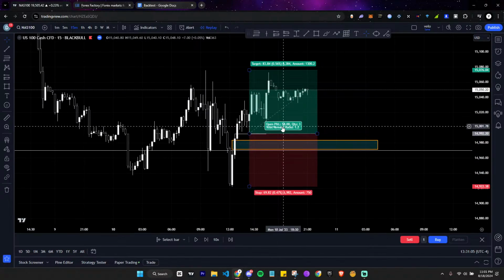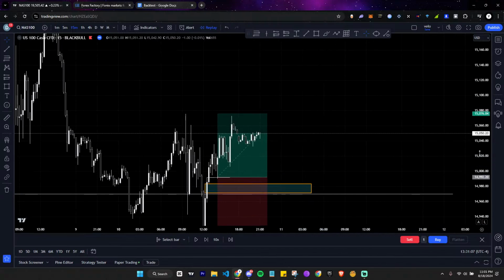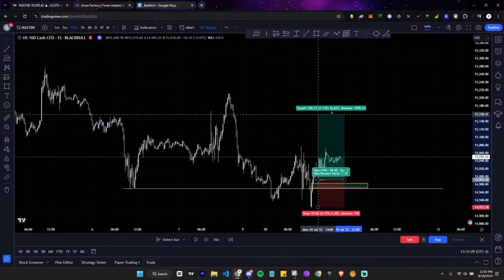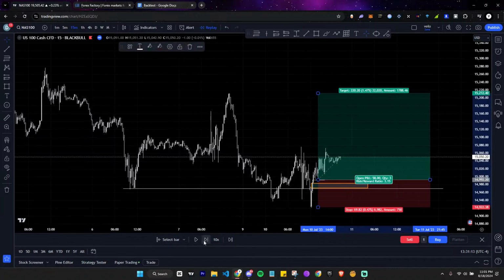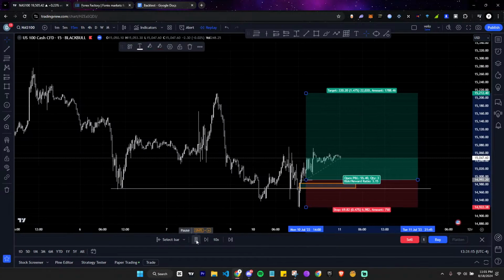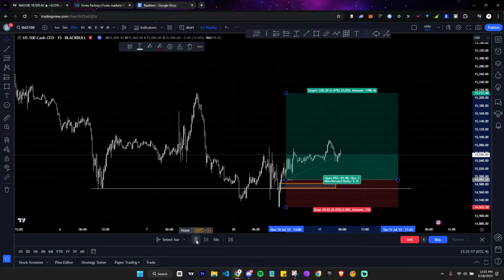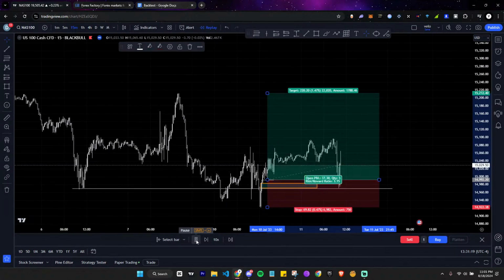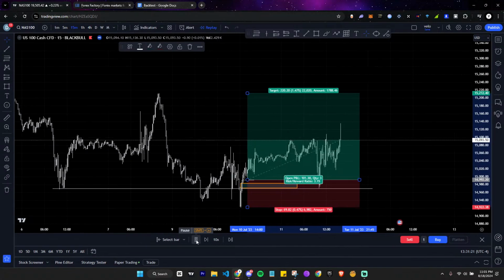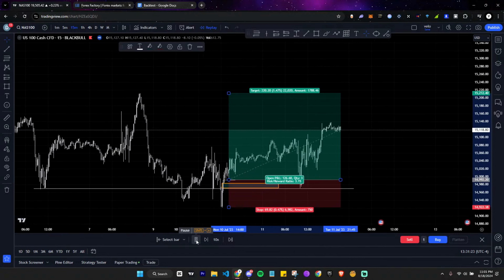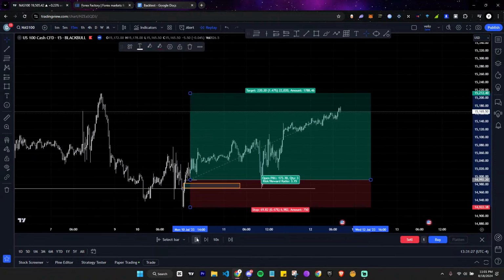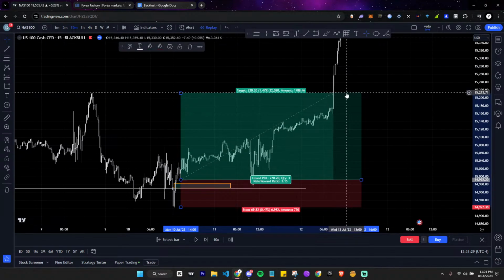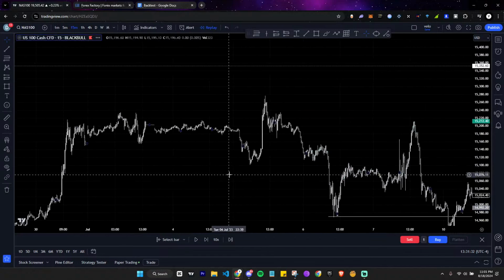RR is about 1 to 1.2. But if you wanna, let's see if we can drag it a little higher to this one, it's like a 1 to 3. Let's see if that works. Boom. TP. It's pretty simple.